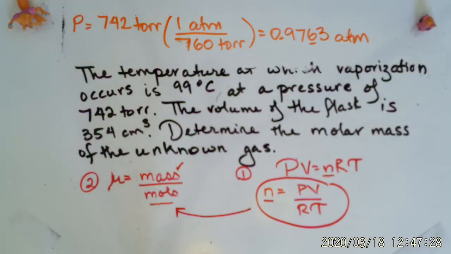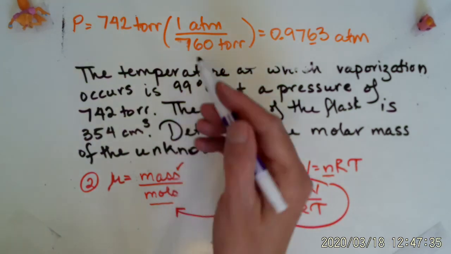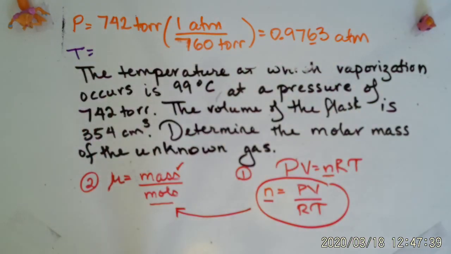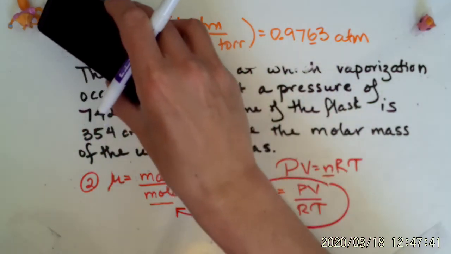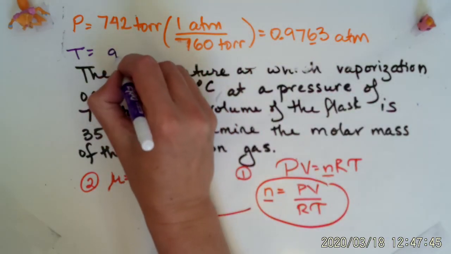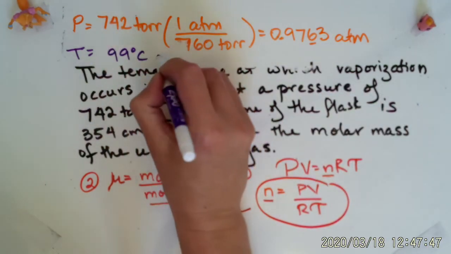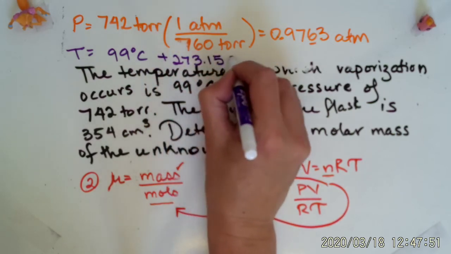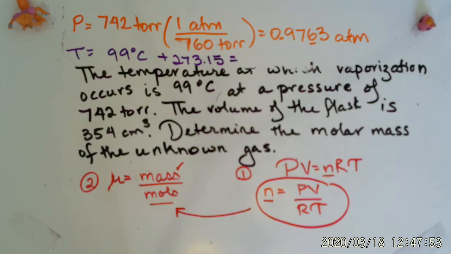Okay, so our pressure is done. Temperature is in Celsius, but we need it in Kelvin. So we're going to add the 273. 99 degrees Celsius plus 273 is going to give me 372.